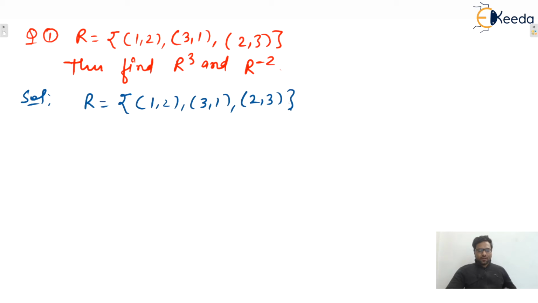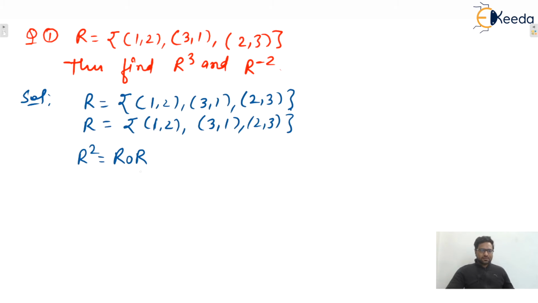That is the relation. Now you tell me what will be R square. R square will be the composition of R with R, so write R one more time. Here R is the same, so you can do it either way. Here we have (1,2) and (2,3), so the answer will be (1,3).